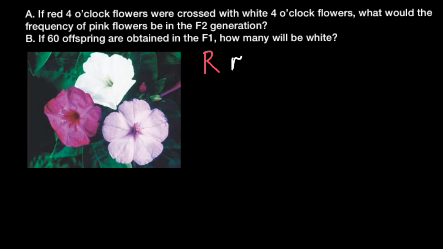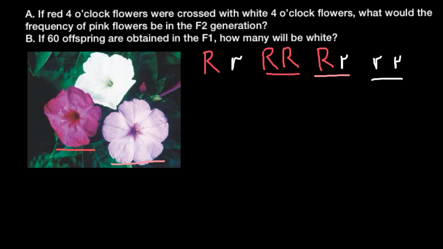So three possible genotypes would be capital R capital R, which stands for the plant with red flowers; capital R small r, which stands for the plant with pink flowers; and small r small r, which stands for the plants with white flowers.